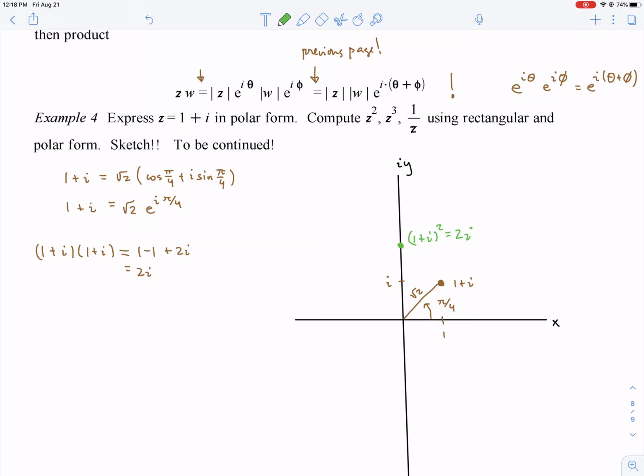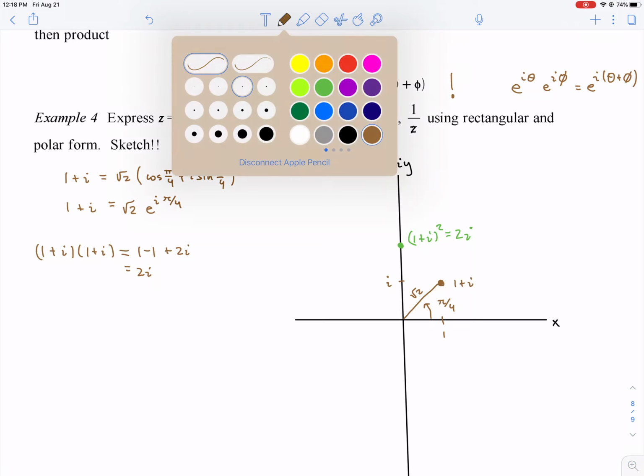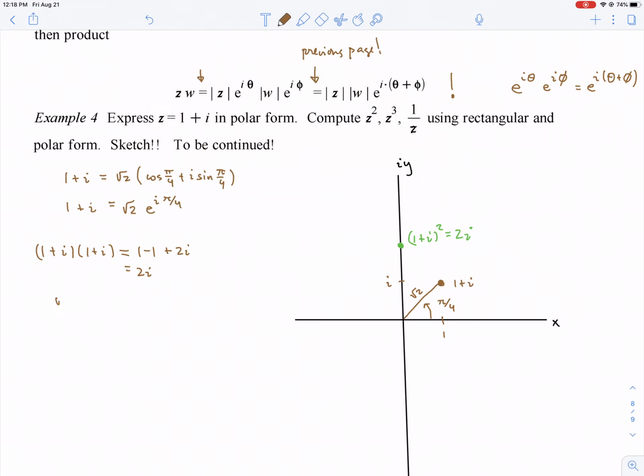Now if I had done root 2 e to the I pi over 4 squared, I would have gotten root 2 squared, which is 2. E to the I pi over 4 times e to the I pi over 4 is just e to the I pi over 2.